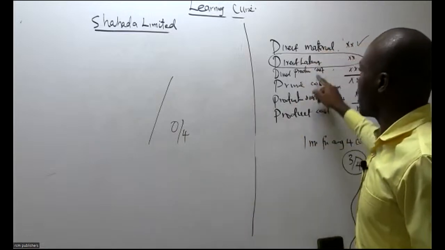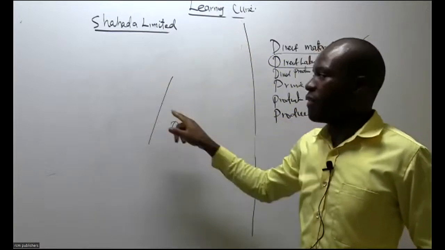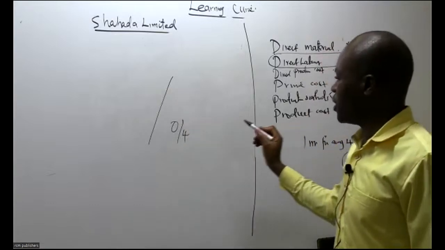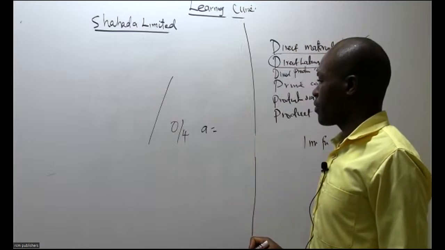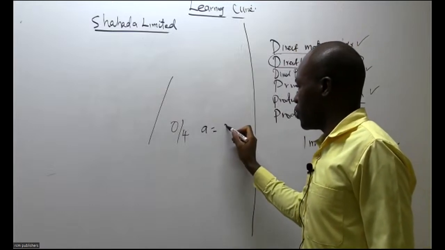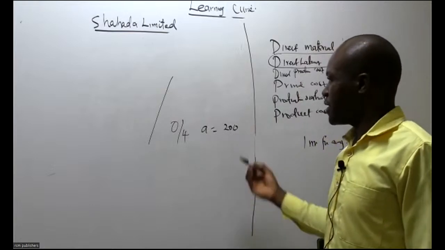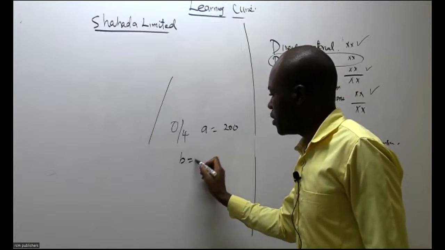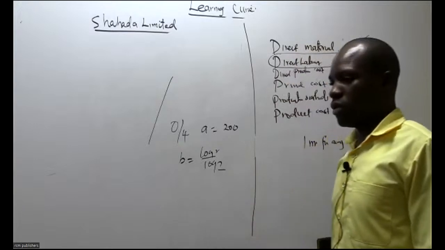If you don't understand anything about this and you know it is about learning curve, can you write the formula, give us even, scale us with the value of A? Tell us that according to this, I know A is equal to maybe 200. Give us now that because I know how to get B equal to log R divided by log 2.